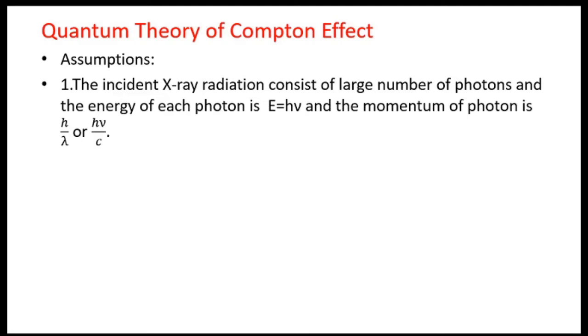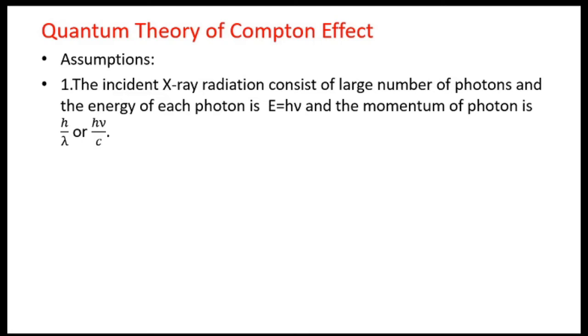Certain assumptions are made here, and the first is that the incident X-ray radiation consists of large number of photons, and if nu is the frequency of the incident X-ray, then energy of each photon is given by E is equal to h nu, and the momentum of photon is given by h upon lambda or h nu upon c.